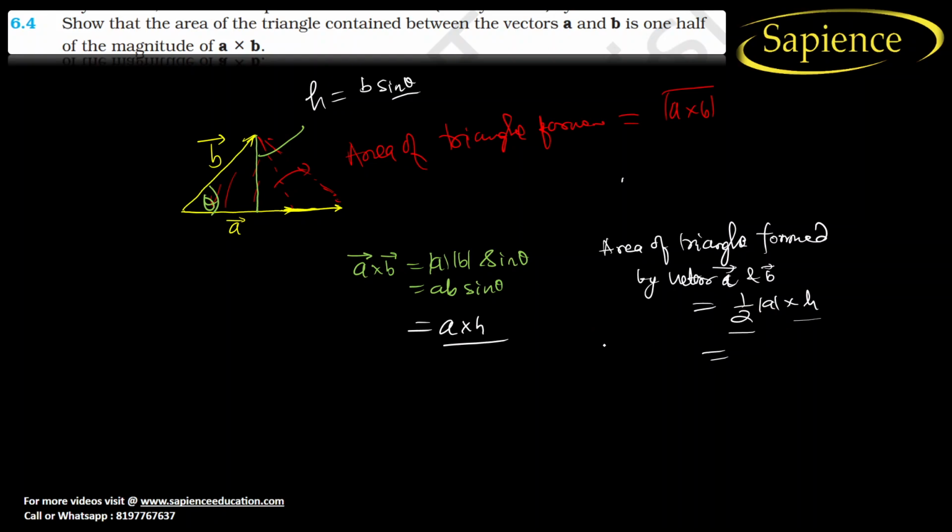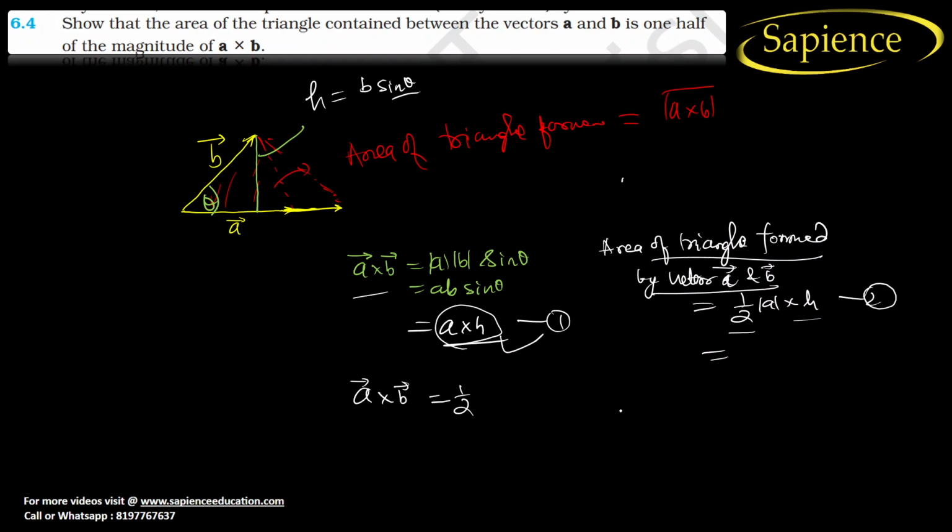Now from these two equations, 1 and 2, we can conclude that the magnitude of the cross product a cross b is equal to the area, and the area of the triangle formed by the vectors a and b is one half of a cross b only.